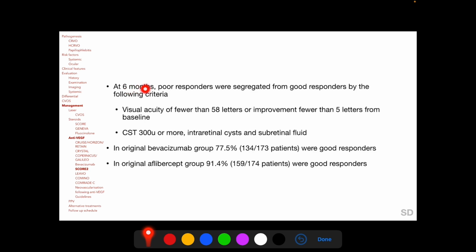At 6 months following the initiation of the SCORE 2 trial, poor responders were segregated from good responders, with poor responders being classified as those having visual acuity of fewer than 58 letters on the ETDRS chart, or improvement of fewer than 5 letters from baseline in the ETDRS chart, or a central subfoveal thickness of 300 micron or more, or presence of intraretinal cysts and subretinal fluid on OCT. It was found that in the original bevacizumab group, 77.5% were good responders, and in the original aflibercept group, 91.4% were good responders.